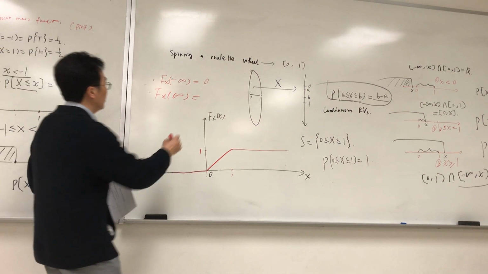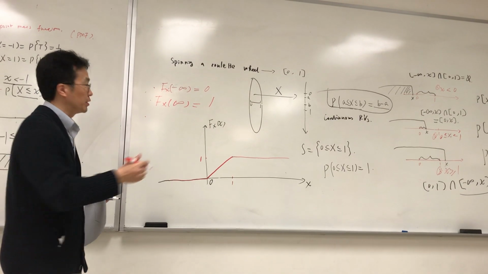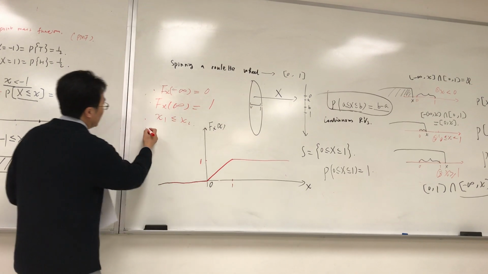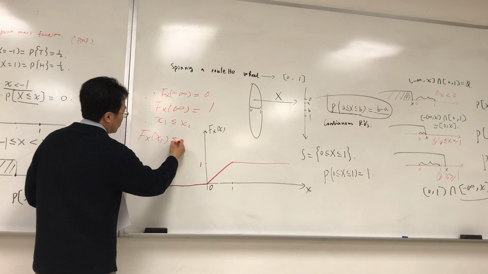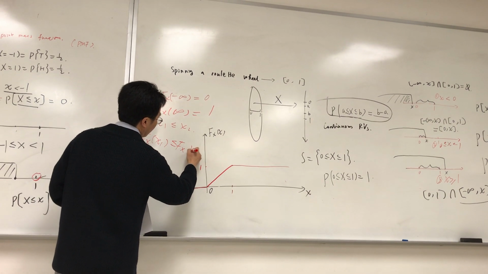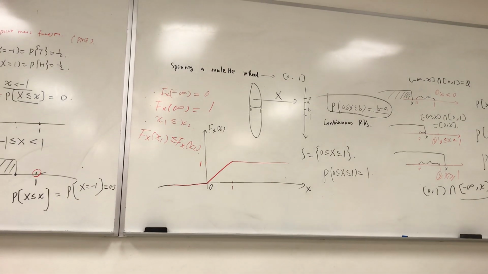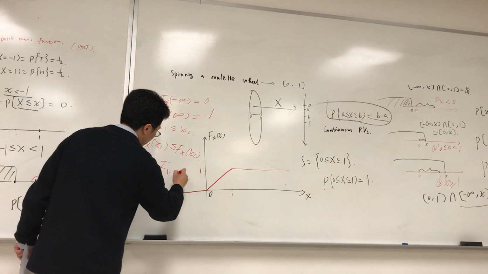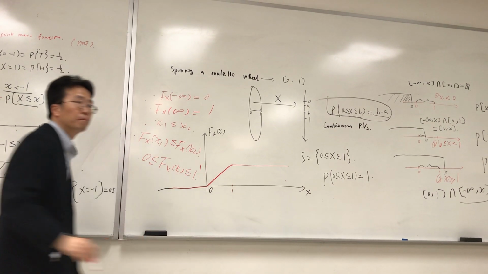It's 1. Okay? And also, it's increasing. In other words, if x1 is less than or equal to x2, then the value at x1 should be less than or equal to the value at x2. Right? Of course, again, this function is between 0 and 1, right?